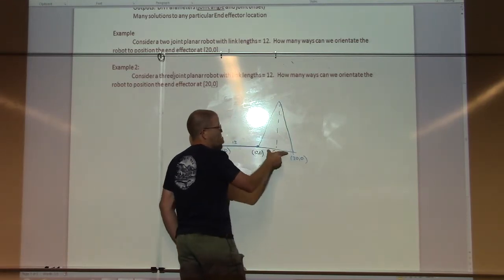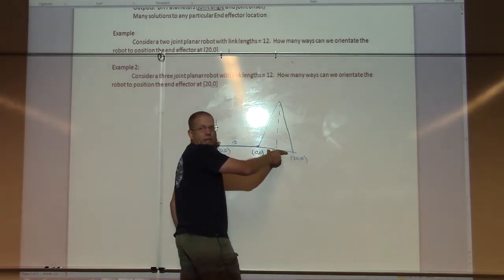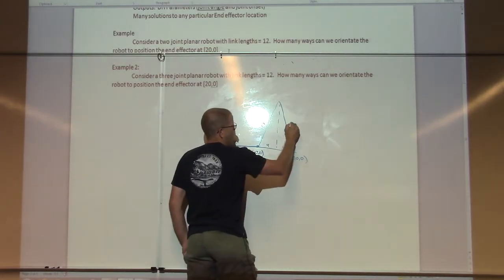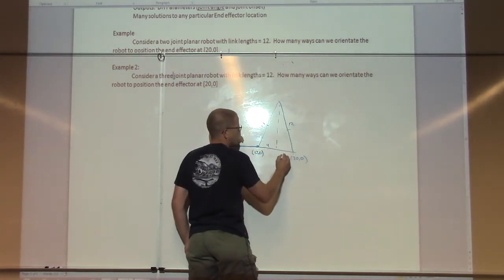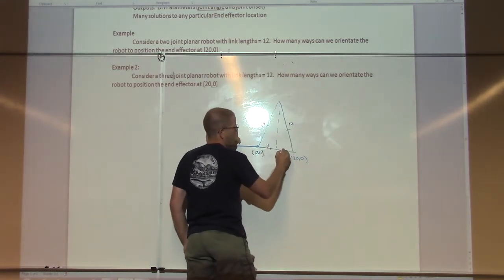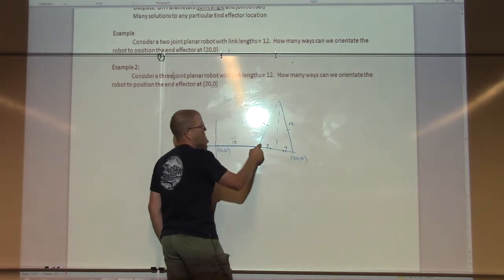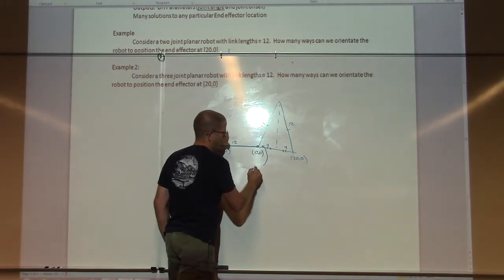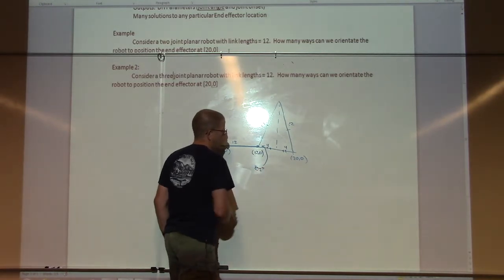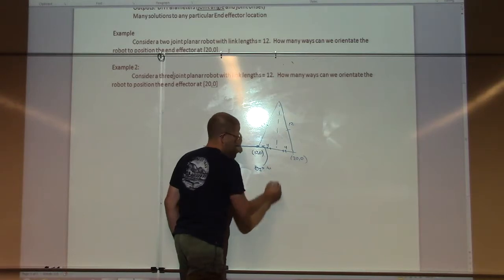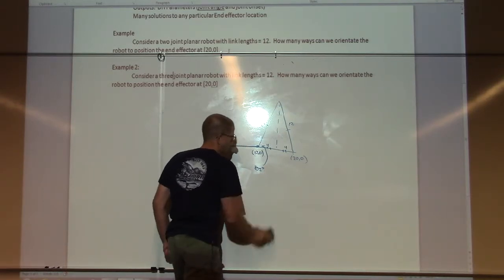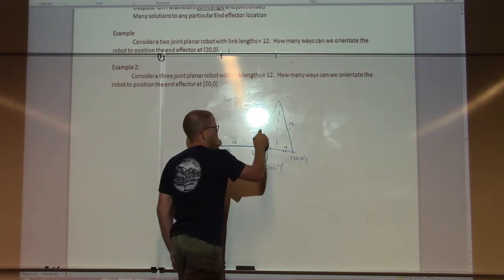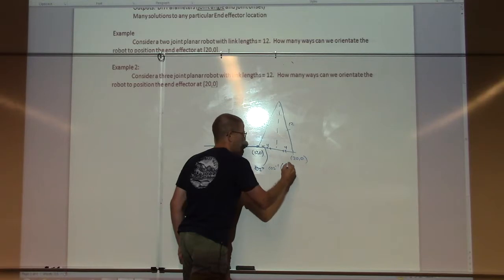we're only going to have 8 units for our base width, and therefore our triangle is going to look something like this. So we're going to have 4 units here, 4 units here, and we can go through and do the exact same thing. We can say that this angle will be equal to theta 2, which is going to be the arc cosine of the base to the hypotenuse of 4/12.